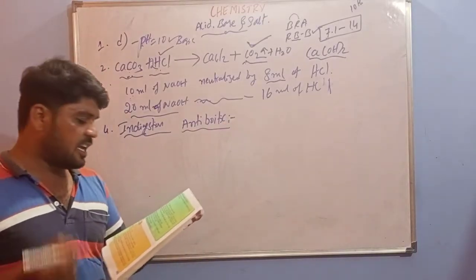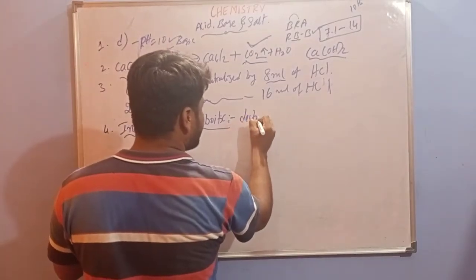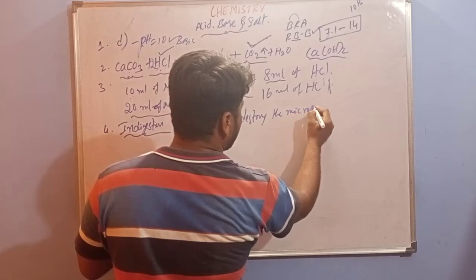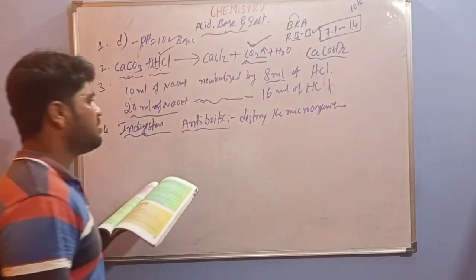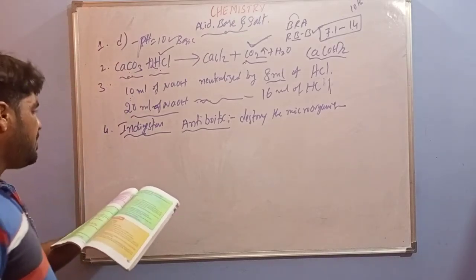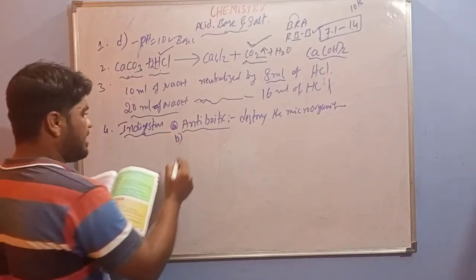These are the chemicals to destroy microorganisms. Okay, this is what antibiotics are. So the next option, B, is analgesic.